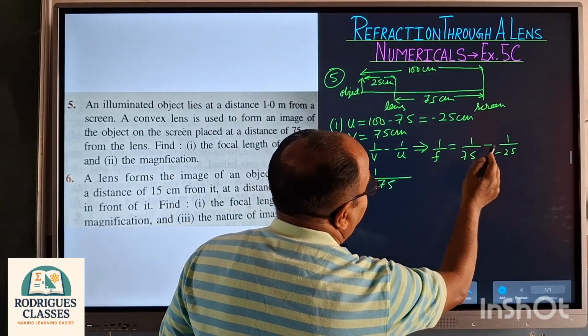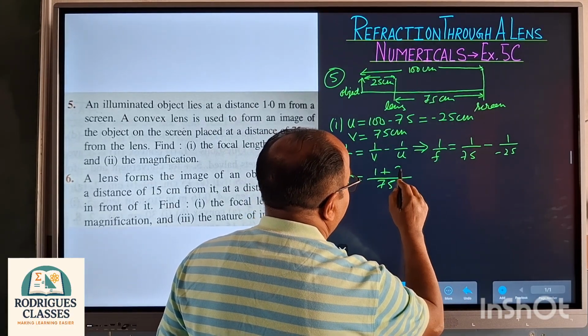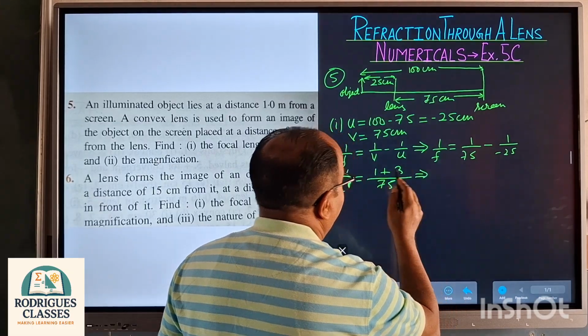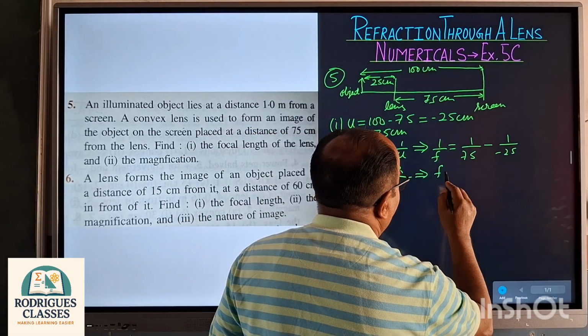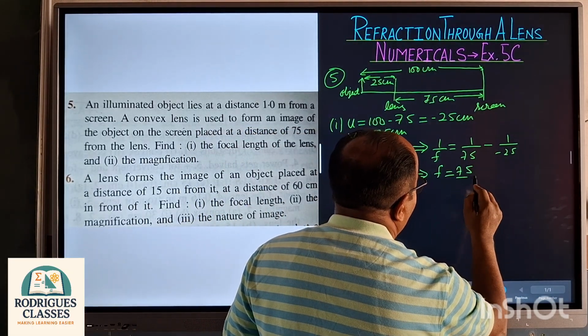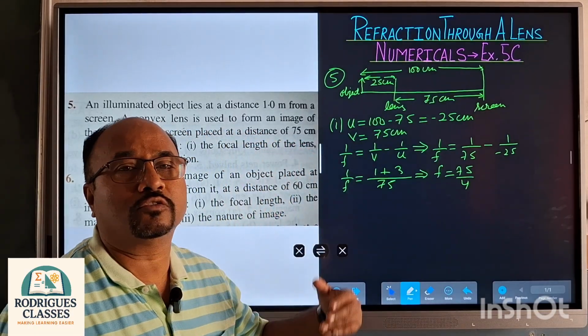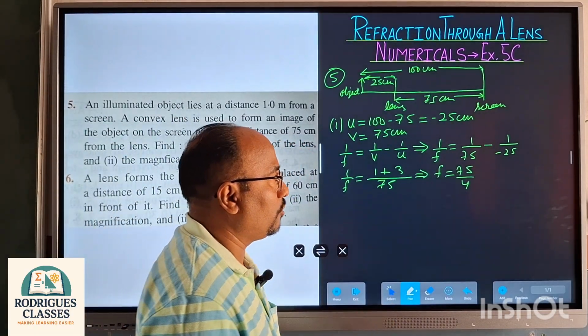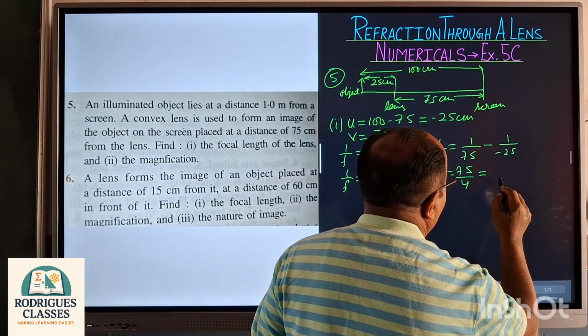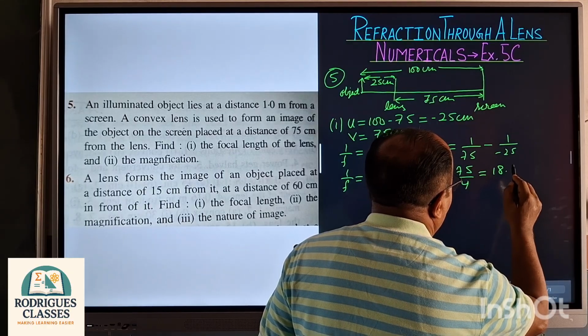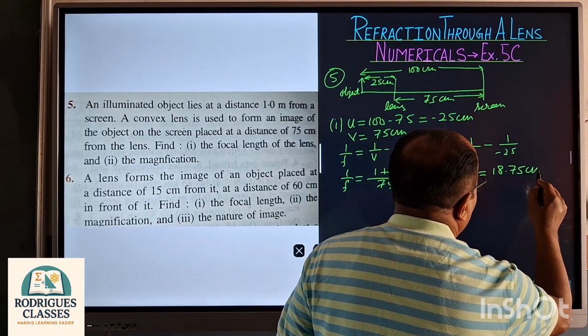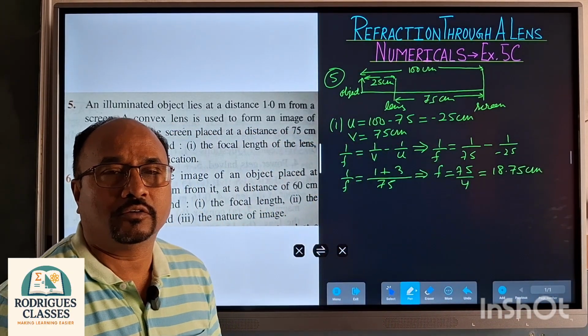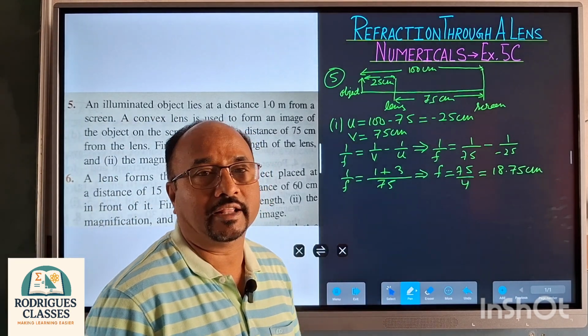So 1 here, minus minus will become plus. So 3 here. So 3 plus 1 will be 4. So I can write F is equals to 75 by 4. So you go to divide 75 with 4 and on dividing you get 18.75 centimeter. Okay, so you get the focal length here.